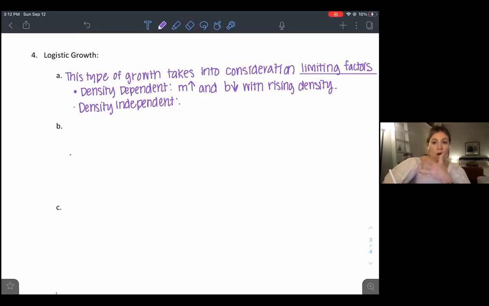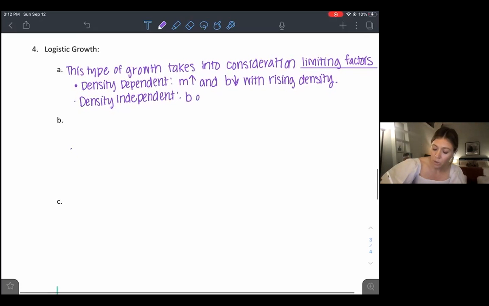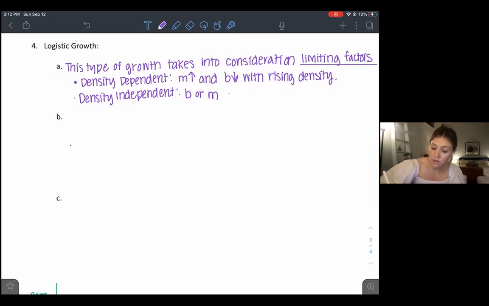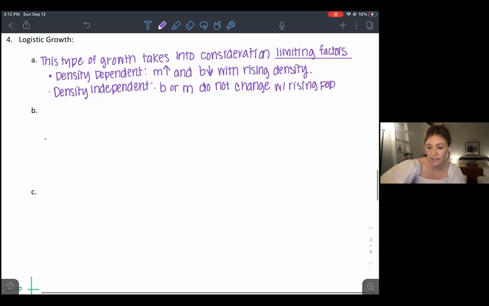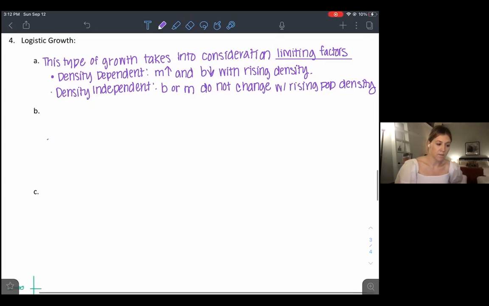What that does to all of the populations, regardless of size, is limit the size of the population. So we can think about this as saying the birth rate or the mortality rate, the death rate, does not change with rising population density. It affects all size populations in the same way.